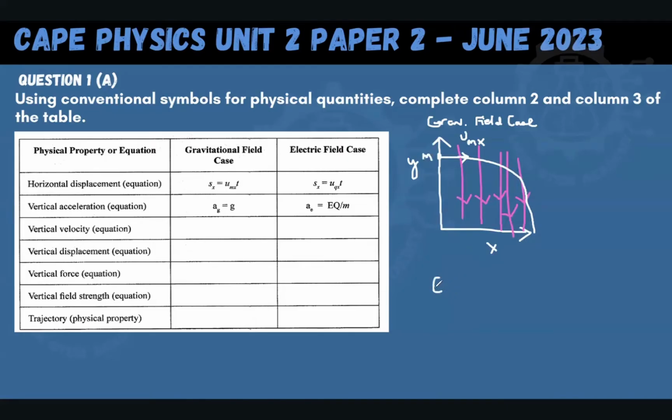So I'm going to put the electric field case down here, just a rough sketch so that we have an idea as to what are the variables, what are the physical quantities that are going to be at play, right? So my electric field case now, I'm going to draw an electric field. So I'm going to draw two parallel plates here.